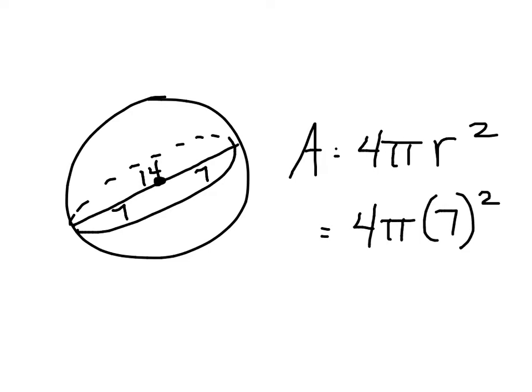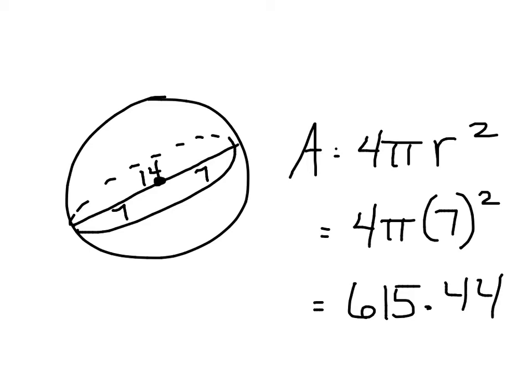This is the same type of problem that I had for the first one, where if you use 3.14 as compared to the actual pi button, you might have a little bit different answer, but it's ultimately the same. So I have 615.44, and I used 3.14 for pi the first time.